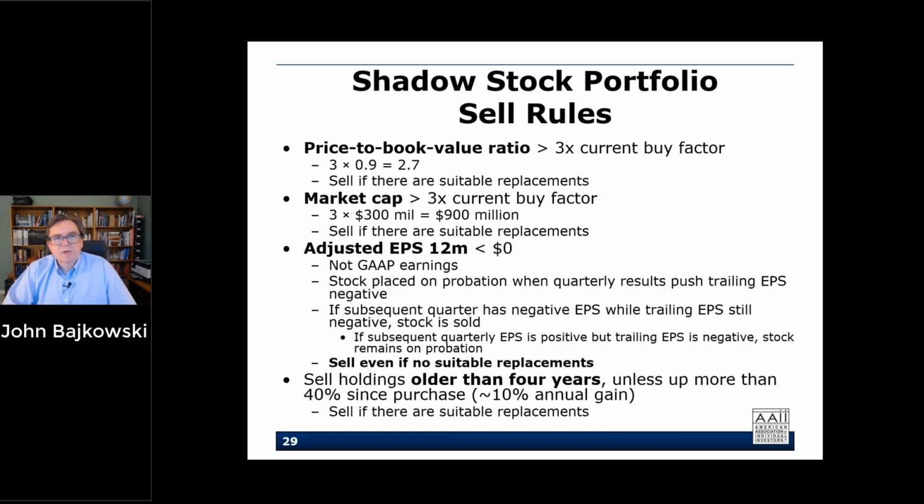So we instituted a probation rule. If a stock reports quarterly earnings and it's negative, they go on probation. If in the following quarter the quarterly earnings are still negative, we then sell it.